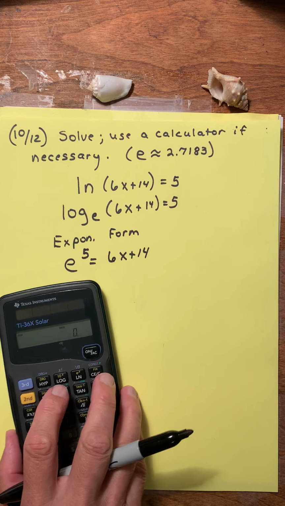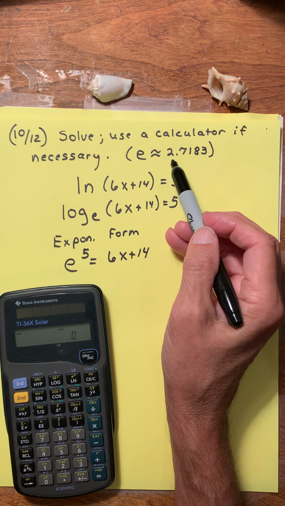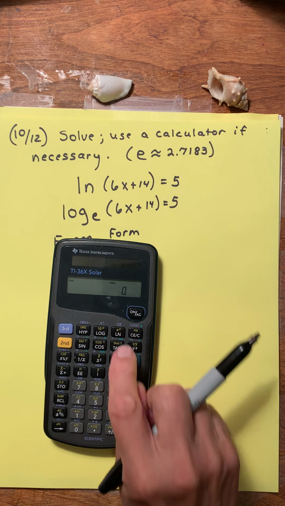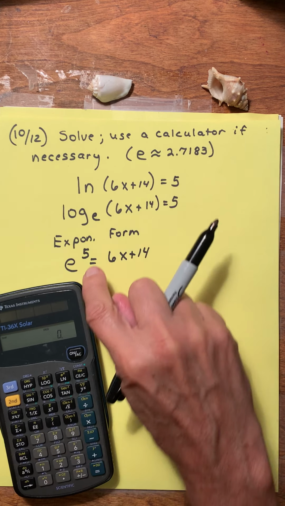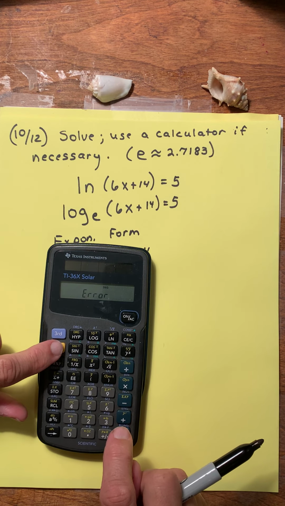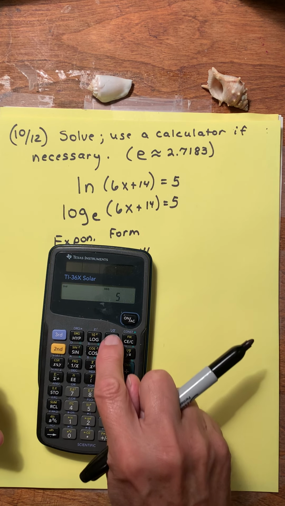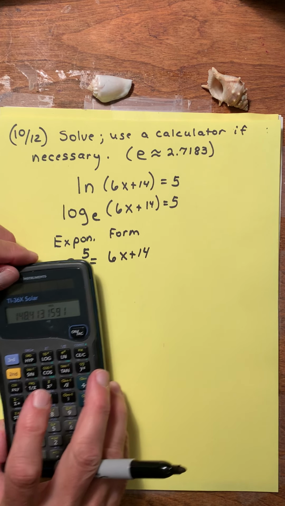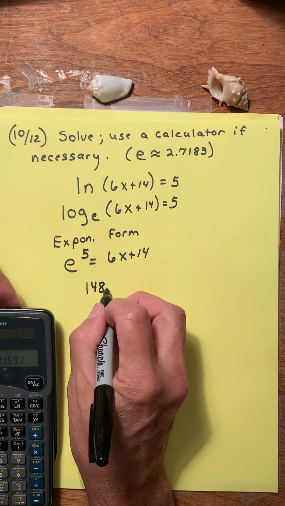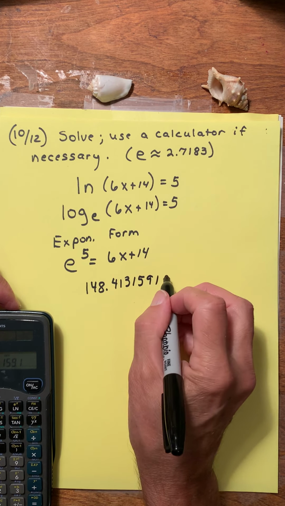If you don't have that or can't find it, simply use 2.7183. So I'm going to use my e to the x power, and what I have to do is put in the exponent first. 5, then hit my e to the x power, and I get 148.41315991.